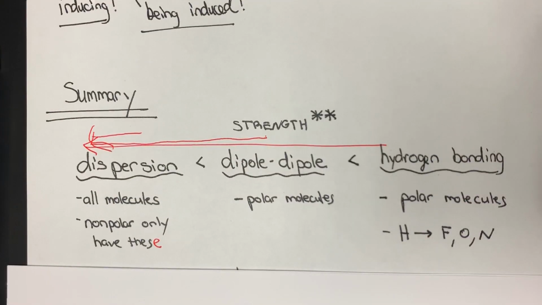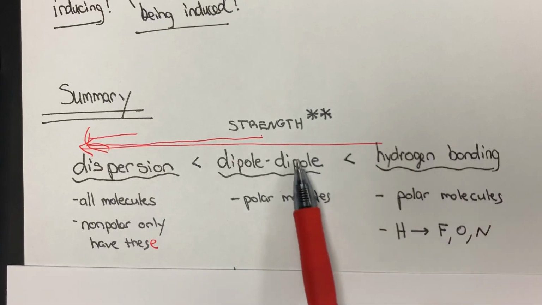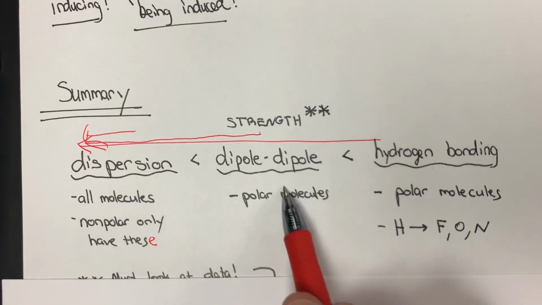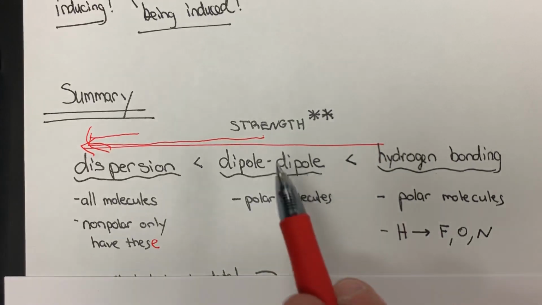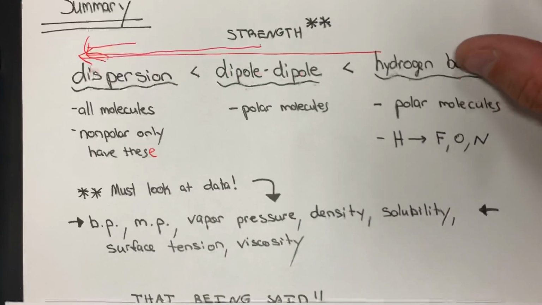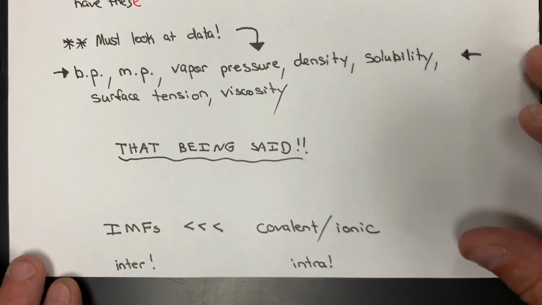So if you identified a molecule had the capacity to have hydrogen bonding as its IMFs, you would say it not only has hydrogen bonding, it has dipole-dipole and dispersion. You would list all 3. Okay, if it's polar and has dipole-dipole, you would say it has dipole-dipole and dispersion. Non-polar, just dispersion.